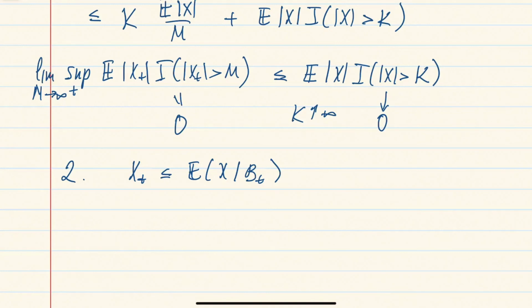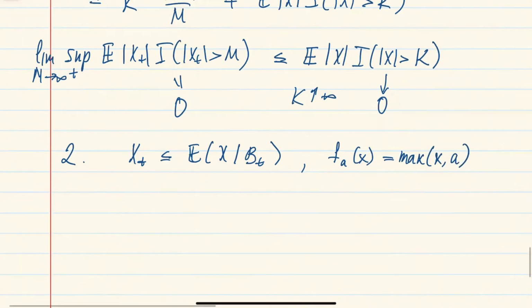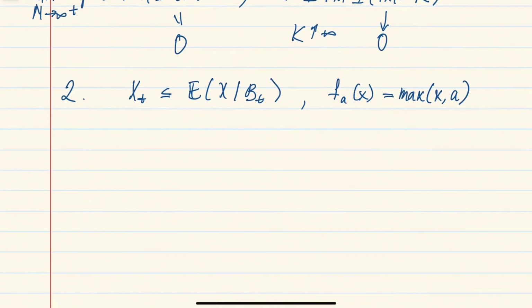And for this reason, we use the truncation. So we take some real value a, and we take truncation from below by this value a. And if you take a look at how this function looks like, it's a up to a and then x after that, right?